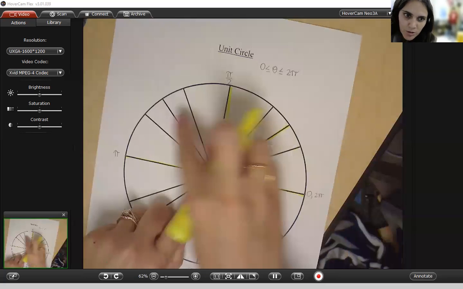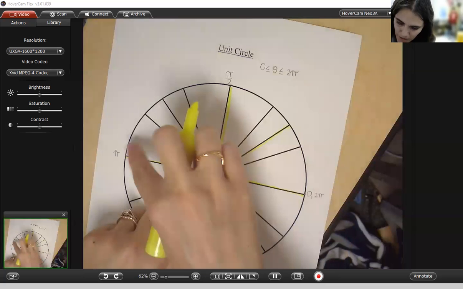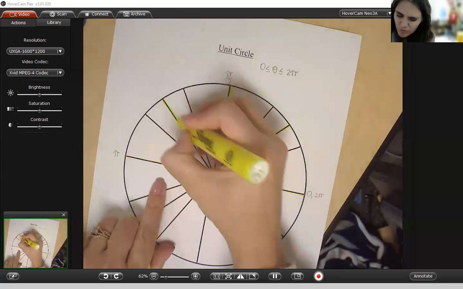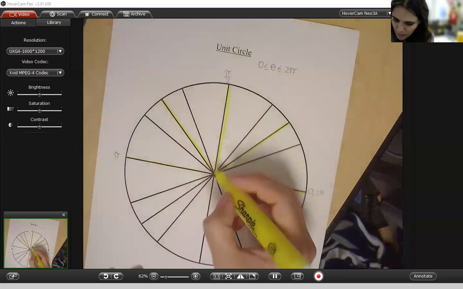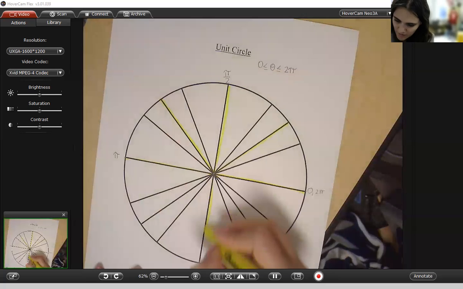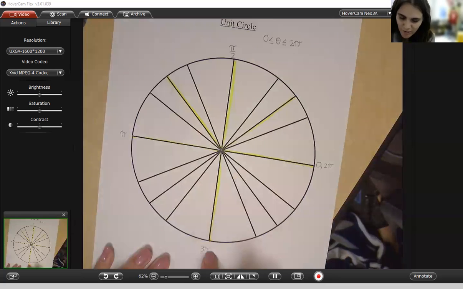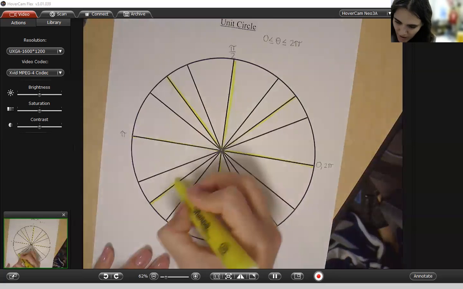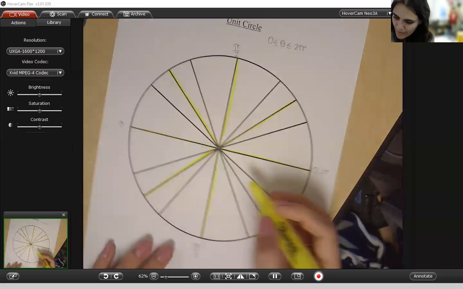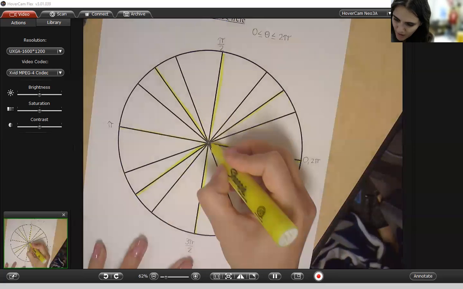And then halfway between half and a full pi would be 3/4. Then down here again, there's another half, and halfway to my half would be there, and the other halfway to my half would be here.